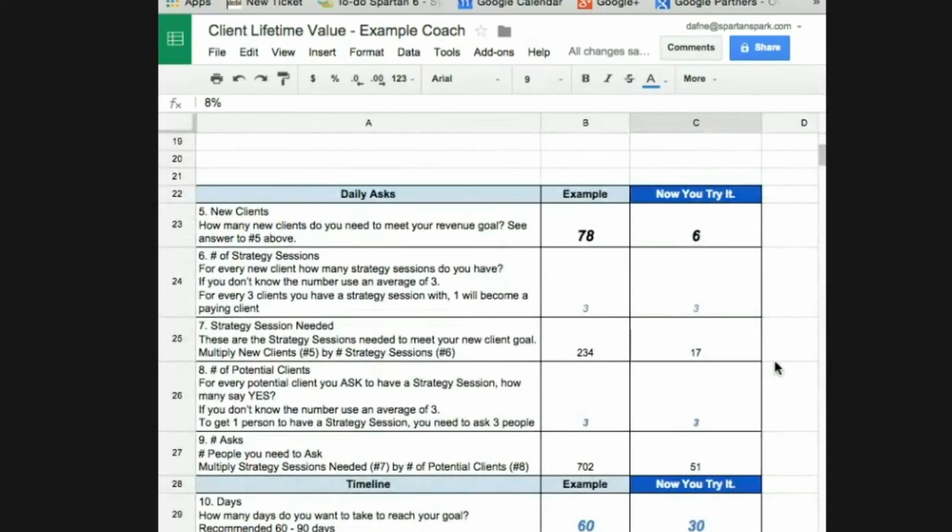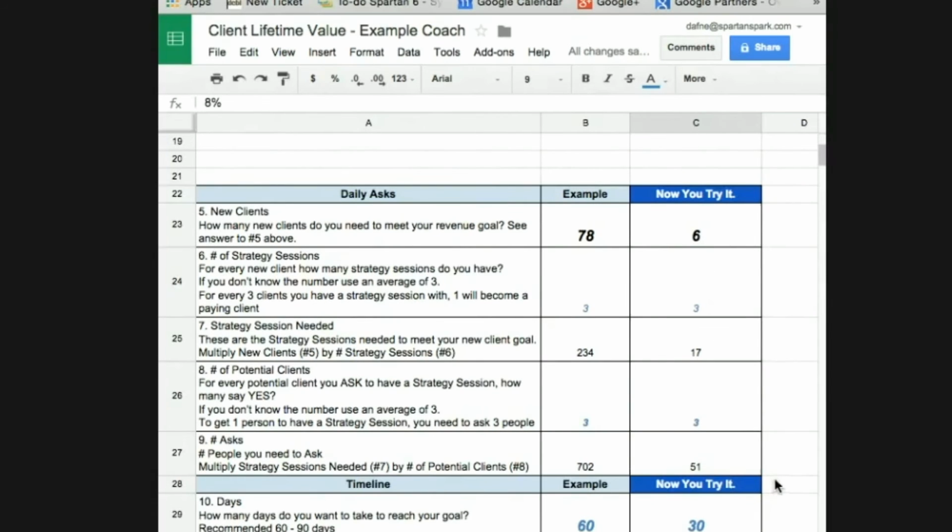Whether it's a coach or a makeup artist or a furniture designer, you change the words strategy session. For example, the makeup artist's strategy session is her makeup parties, and then she will have a package where she's doing more one-on-one work, and that's her big package, where she wants to get those 6 clients into.